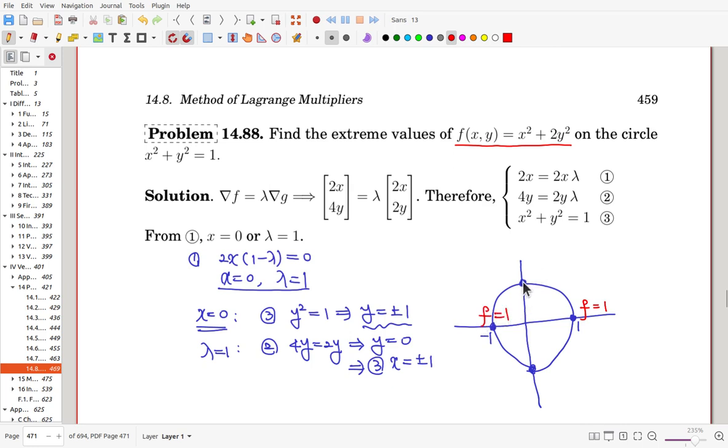Now x is 0 and y is 1, then f must be 2. When y is minus 1, it will have the same value, f is 2. So along this circle, the minimum is 1 and the maximum is 2. So that is the final answer for the problem.